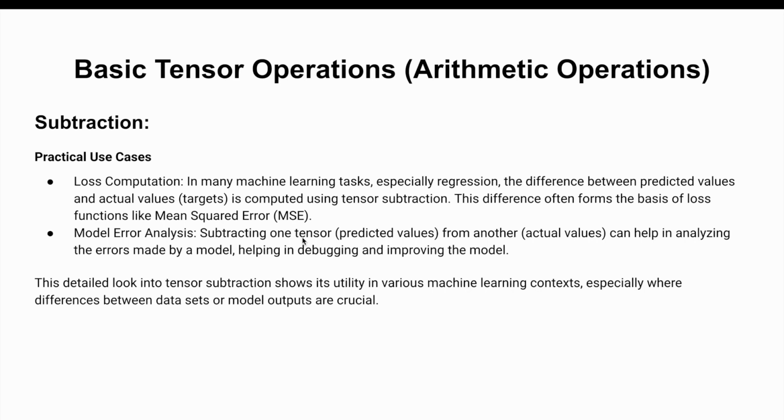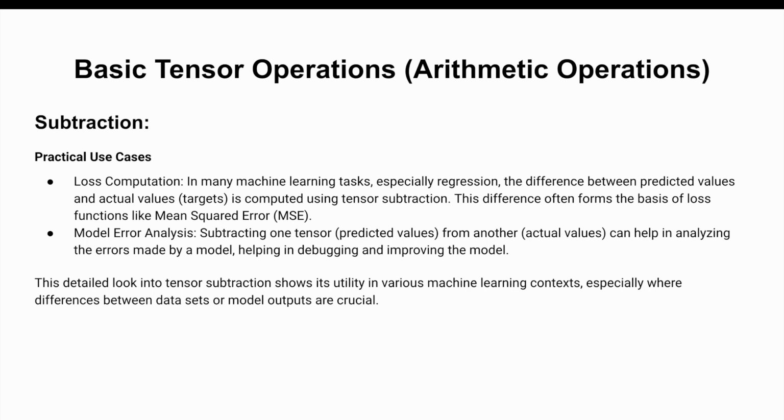Practical uses for subtraction would be loss computation in many machine learning tasks, especially regression. The difference between predicted values and actual values, that's the targets, is computed using tensor subtraction. This difference often forms the basis of loss functions like mean squared error.